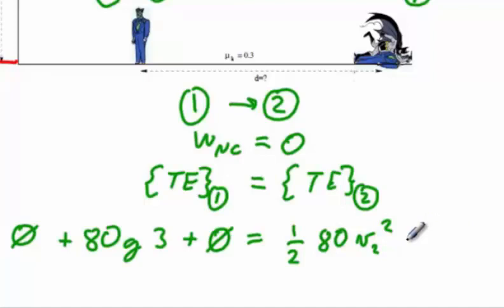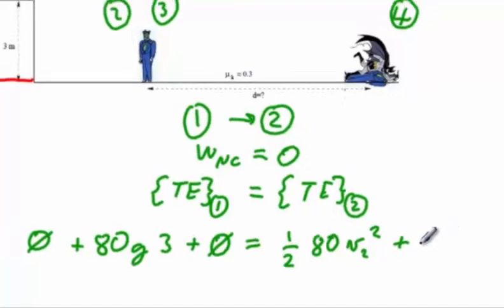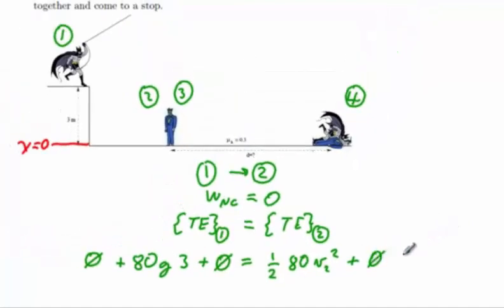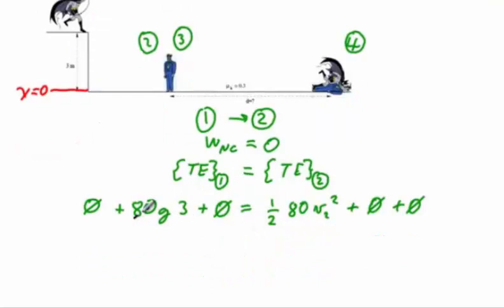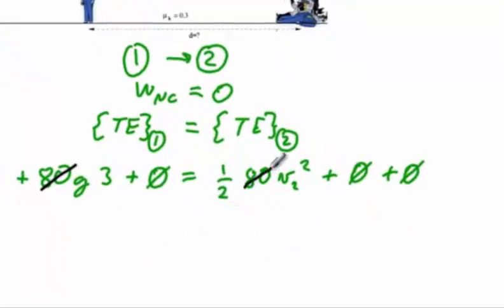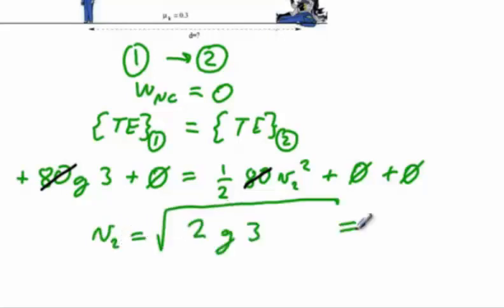Since moment 2 is the height equals 0 moment, there will be no gravitational potential energy, and there are still no springs. Following the convenient cancellation of the mass of 80 kilograms, we find that the velocity v2 can be expressed as the square root of 2g3, which is 7.67 meters per second.